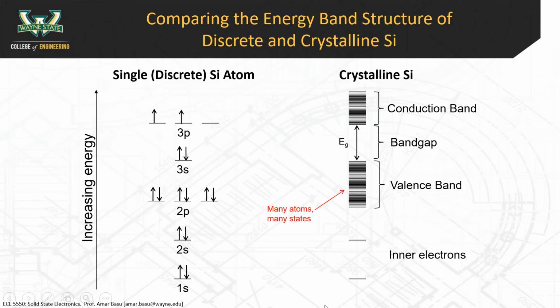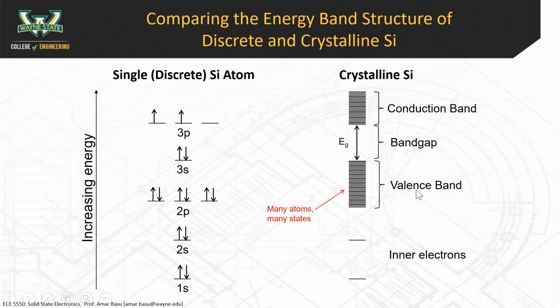So notice a couple things to point out here. First of all, I've just drawn a bunch of lines here, okay? A bunch of lines corresponds to a lot of energy states. Of course, if you have a lot of atoms, there's going to be a lot of energy states. The energy band diagram shows how those energy states are arranged.